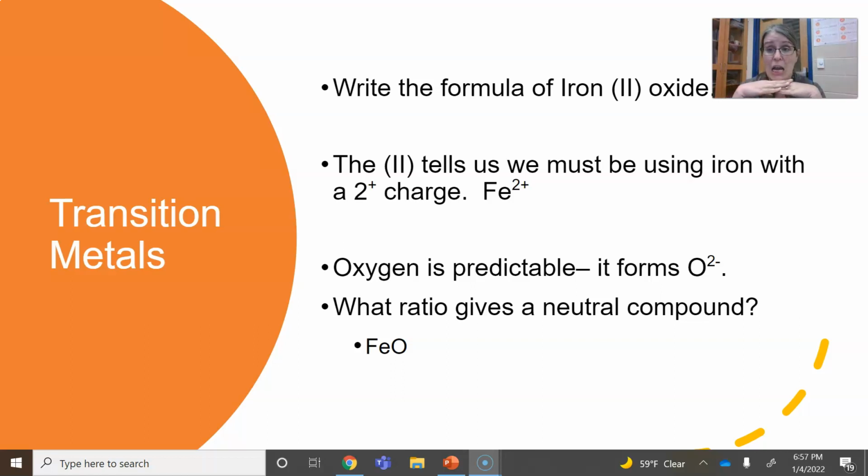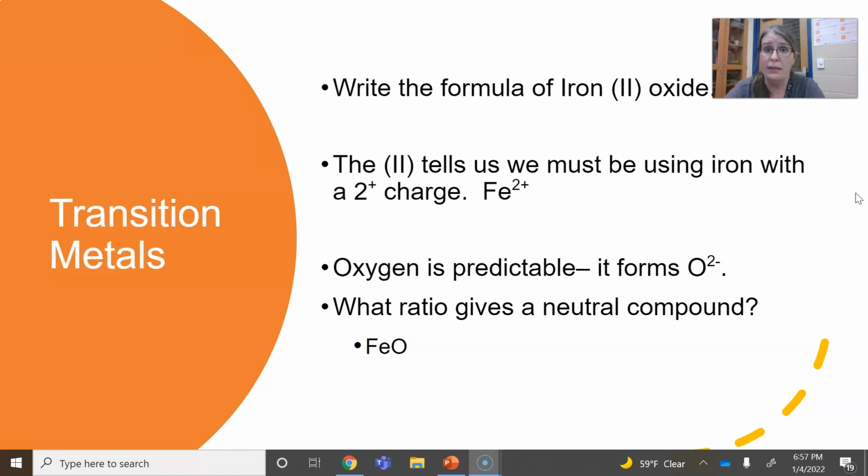It has nothing to do with the number of iron atoms except for giving me the charge that I need to balance out. So if you see iron 2, it does not mean that there are necessarily 2 iron atoms in that compound. Not even a little bit. What it tells me is the charge on the iron, that we must be using iron with a 2 plus charge, Fe 2 plus.